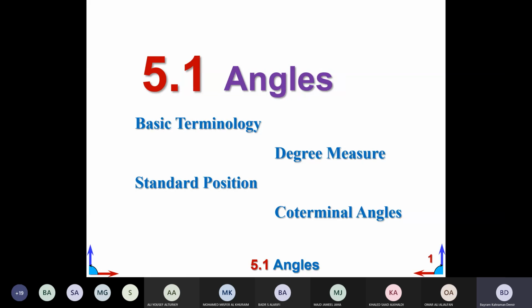Now let's talk about the angles, Shabab. We have to pronounce it as angles, not angels. So who's going to tell me what is the angle in Arabic, Shabab? Zawiya.